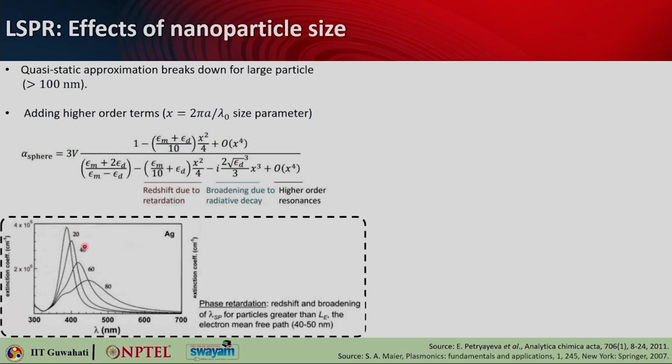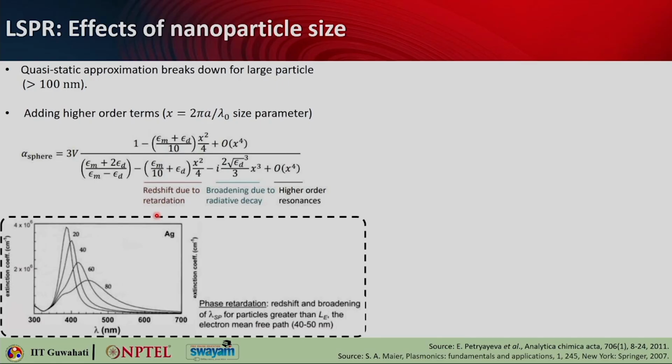As you keep increasing the size of the silver nanosphere from 20 to 40 to 60 to 80, you get a red shift because the resonance is moving towards longer wavelength or the red side, and they are also getting broadened. So, the broadening is because of this radiative decay, and the redshift in the larger particle is because of the retardation.